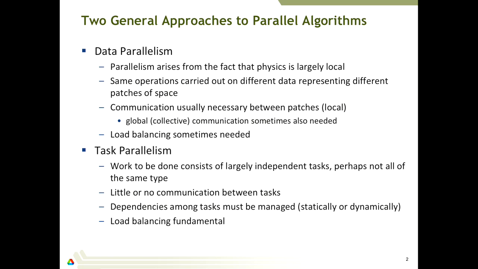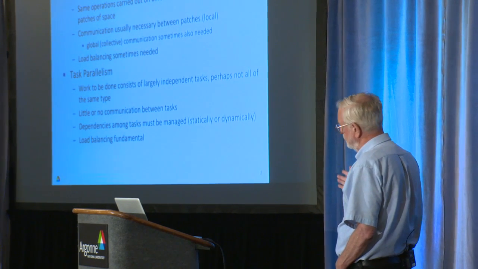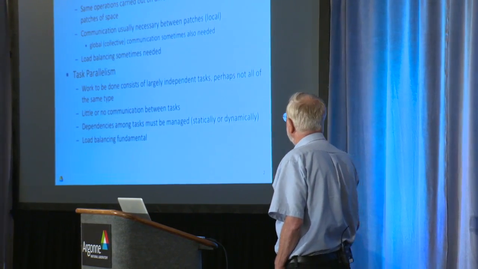We're using parallelism from the fact that physics is very local, so we have patches that operate in parallel with communication going between the patches, and sometimes global collective operations. And in many of these cases, not all cases, the same amount of communication is done at each step, and so load balancing is not so important. Sometimes it's very important, but many times it isn't.